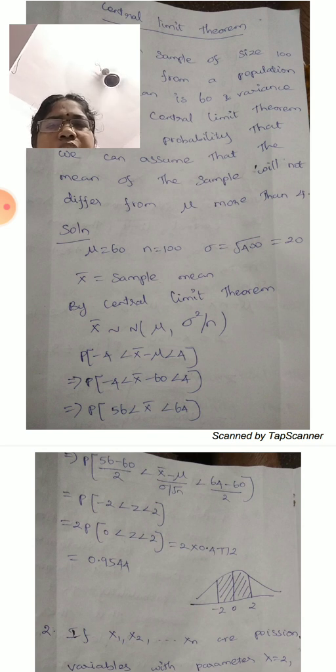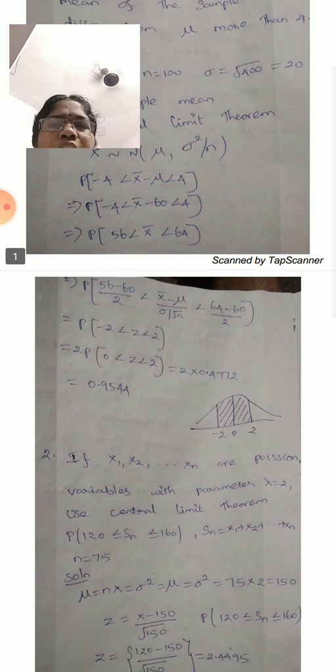Taking minus 60 to the other side, plus 60 minus 4 gives 56, and plus 60 plus 4 gives 64. Therefore the probability of 56 less than x bar less than 64.